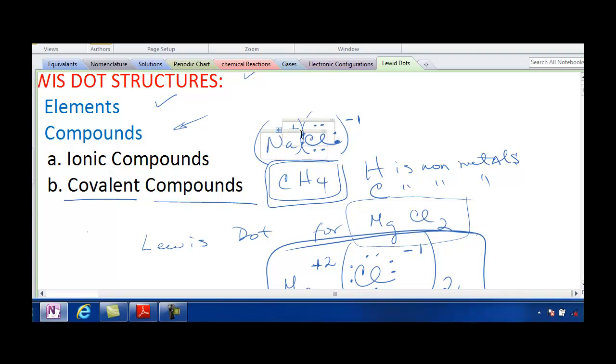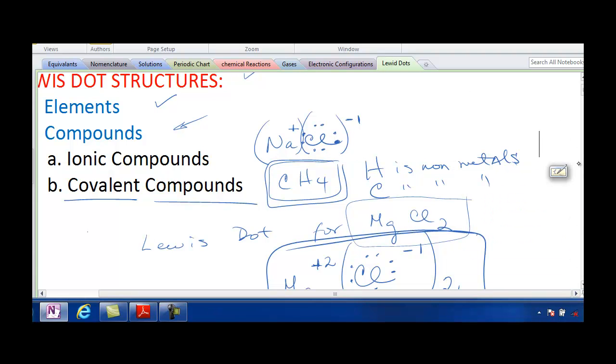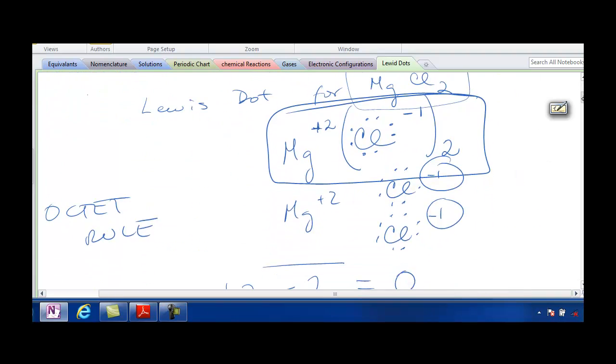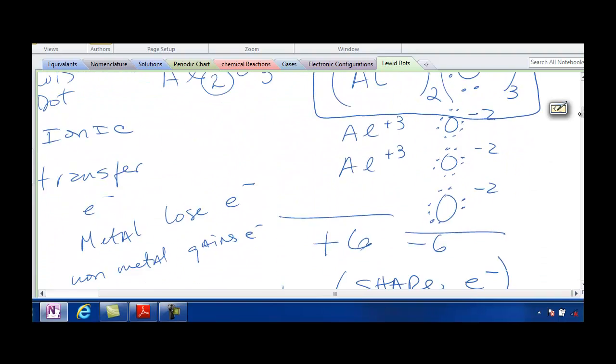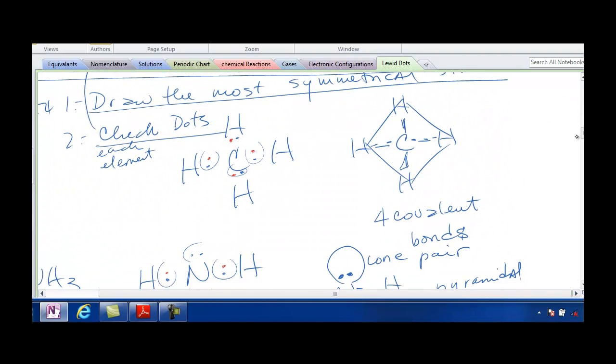Sodium is a +1 ion, Cl is a -1 ion. They are not sharing. That is not a covalent bond. That is an ionic bond, and we have seen structures of many ionic compounds as opposed to covalent compounds.